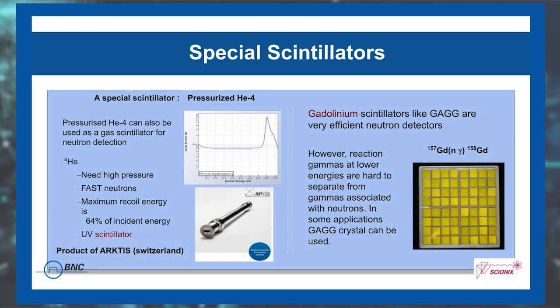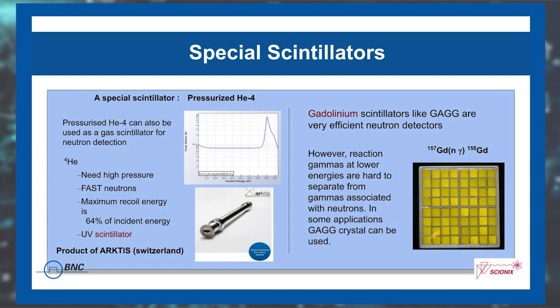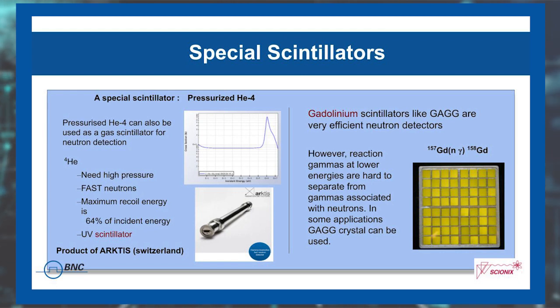But it's interesting to mention because these kinds of detectors can be made fully low power, powered by low voltage, because the scintillation can be detected with silicon photomultipliers. You only have to live with a pressurized bar, but for the rest, the efficiency for neutrons is quite good. And then we have gadolinium scintillators like GAGG.